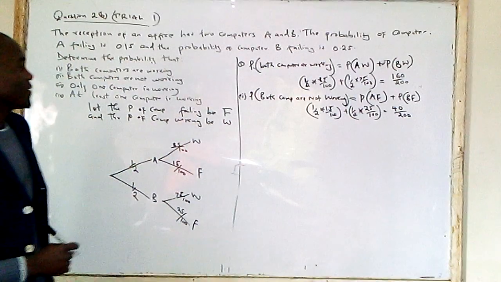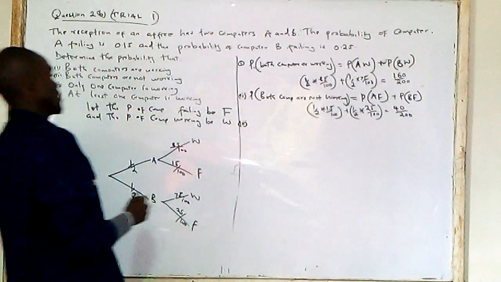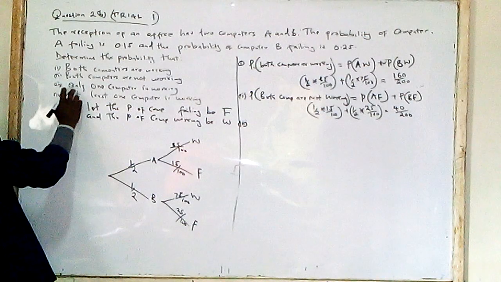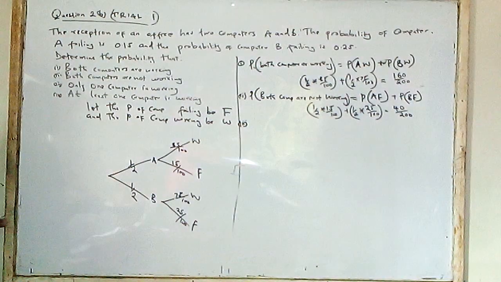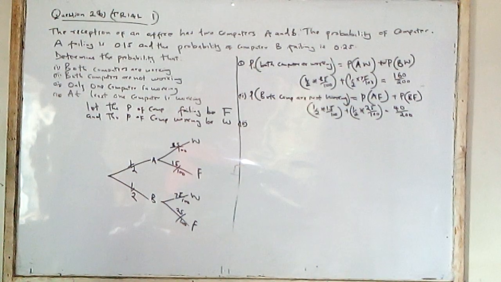And then Roman 3. Determine the probability that only one computer is working.